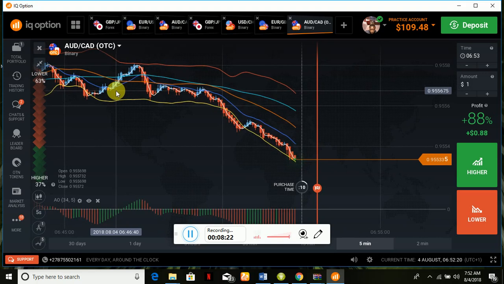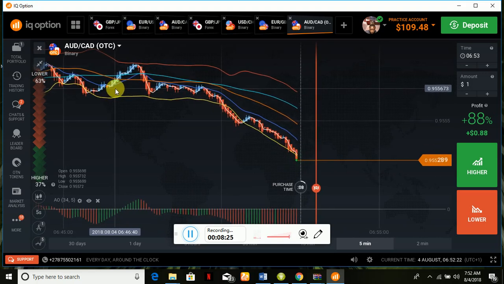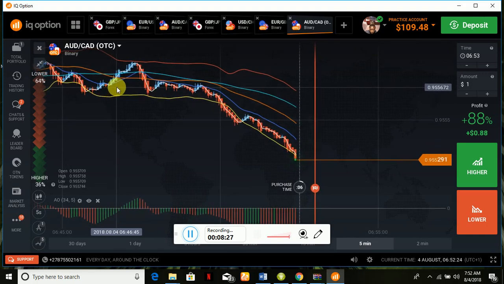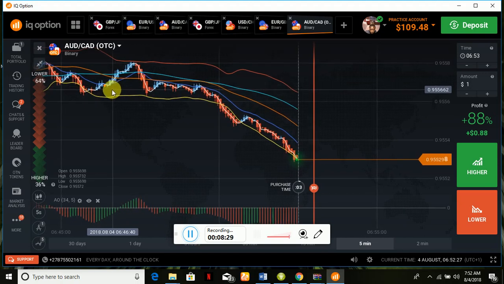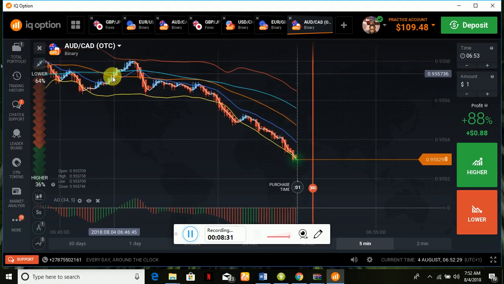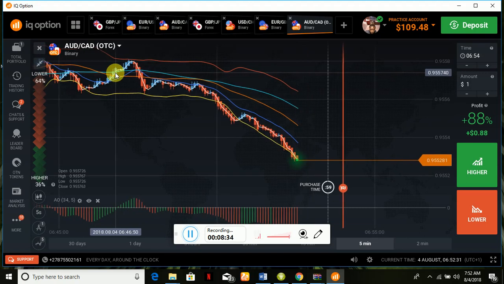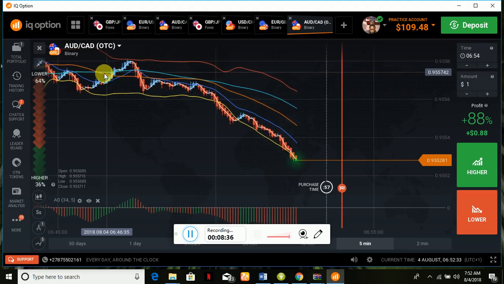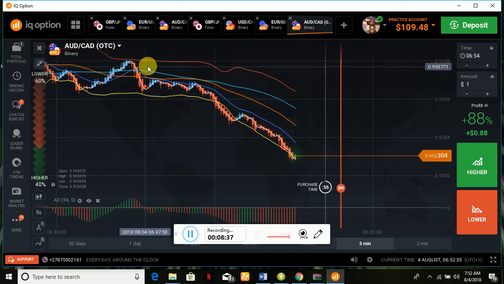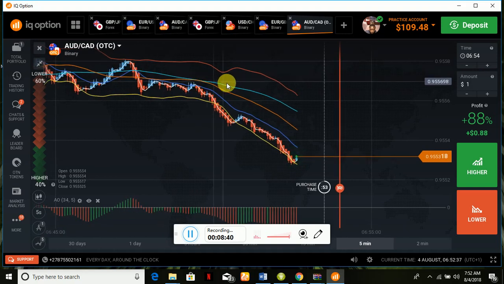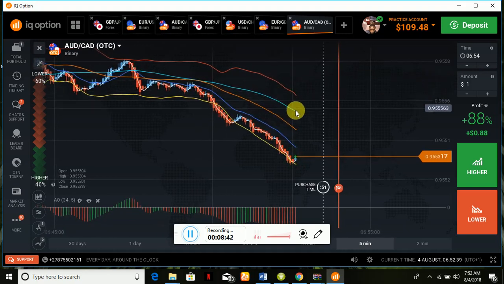If you look at this, you can see it's an uptrend, but then we have this light blue line here.